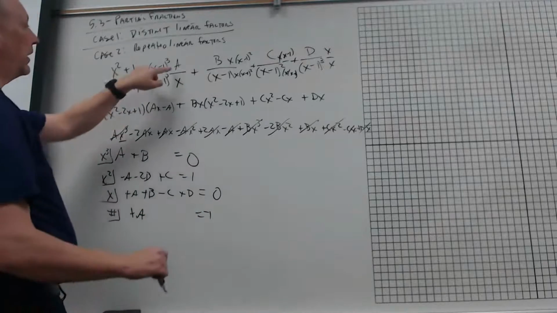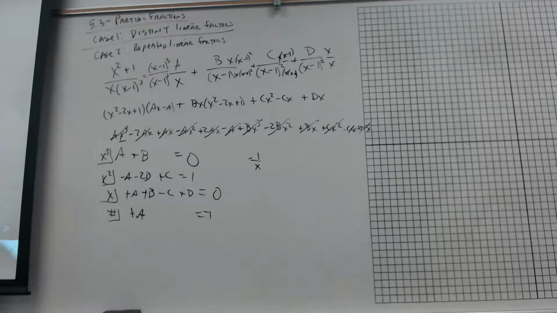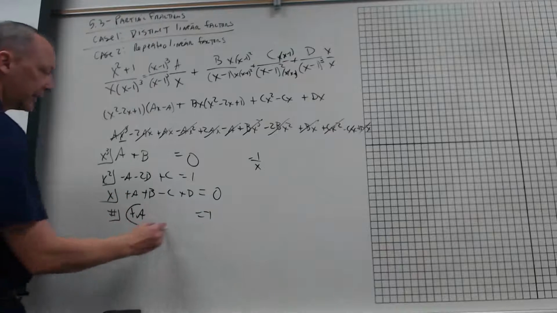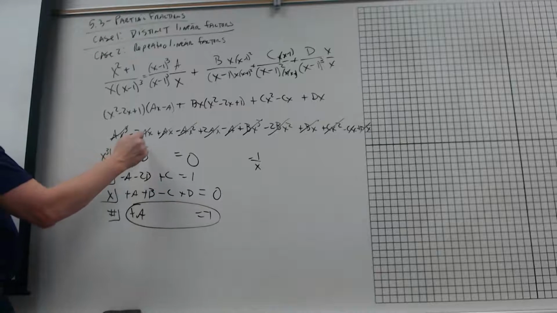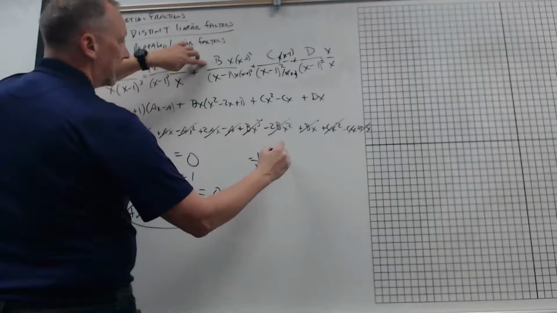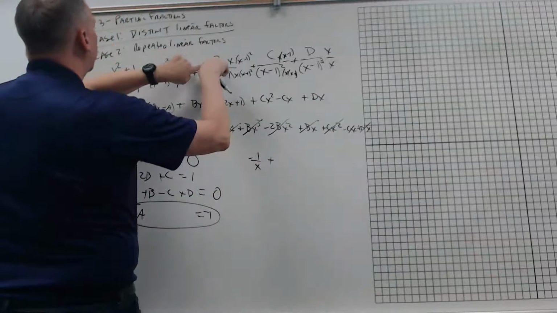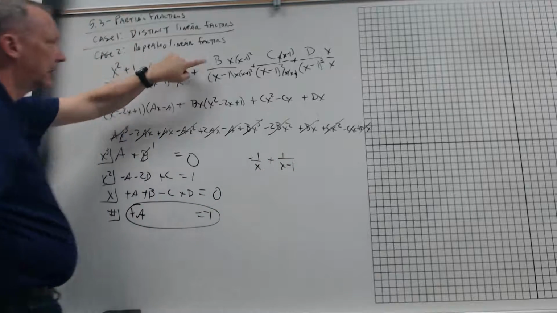So this first partial fraction is going to be negative 1 over x. I already know that. A equals negative 1, so therefore b equals 1. So that's going to be plus 1 over x minus 1.